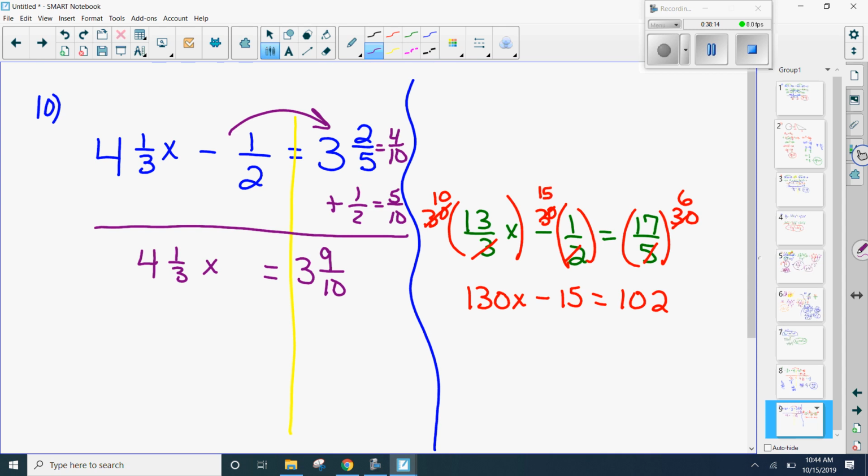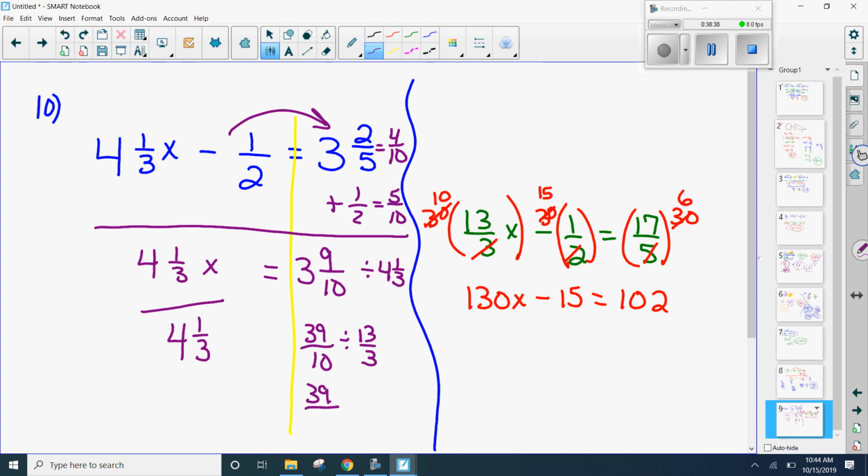So what do you have to do now? Divide by the coefficient. So you're going to divide by 4 1/3, which means keep, change, flip, put them as improper fractions first. So you have 39/10 divided by 13/3.